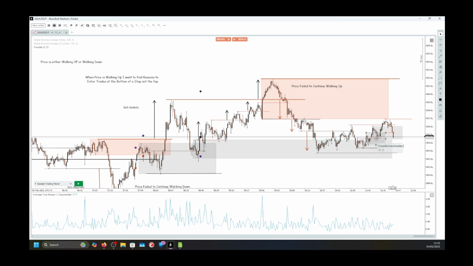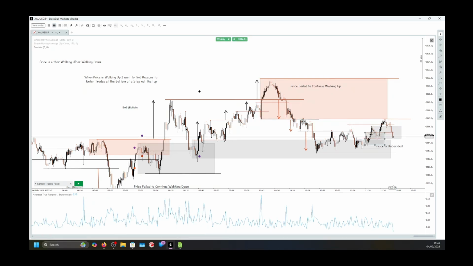Price has stepped up, come back, stepped up, come back, gone up through here. Now we're coming back down through this step and this step. Well, actually it's that one.